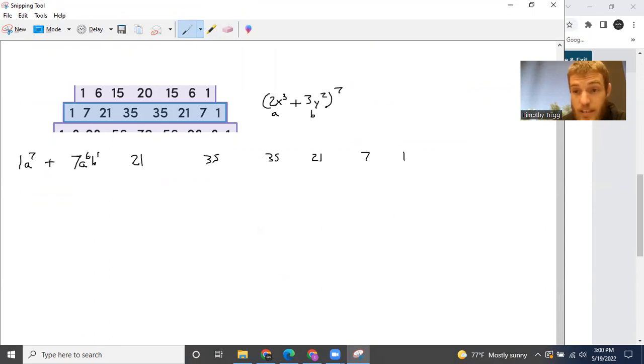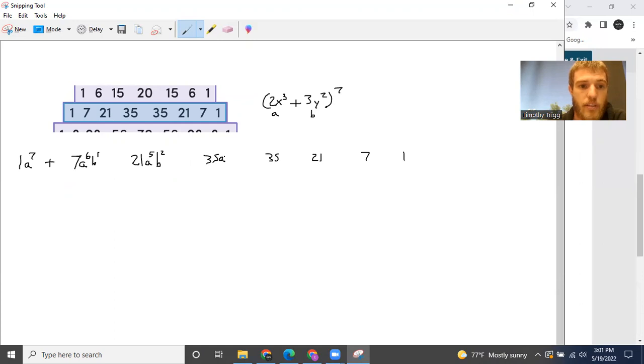Notice these powers, 6 plus 1, add to 7, right? That's important. Then this will be 21 a to the 5th, b to the power of 2. Again, they add up to 7, and my degree for a went from 7 to 6 to 5. See how the power of a is decreasing as we go?